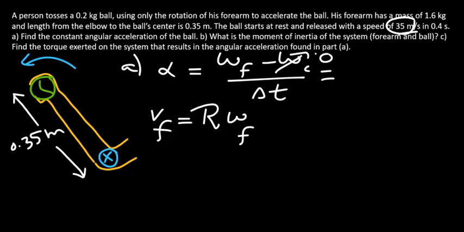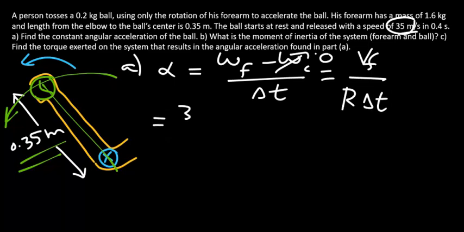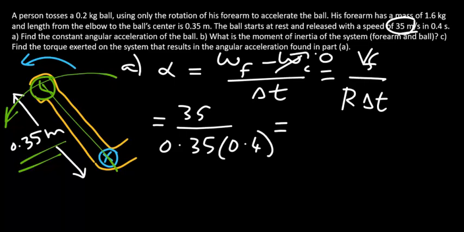The radius of the circular movement in this case is measured from here, so the radius is just the same as the length of that forearm. Delta t is 0.4 seconds. So substituting everything, you get Vf over r times delta t. Vf is 35, r is 0.35, and the time interval is 0.4 seconds. And that's going to give you 250 radians per second squared for the angular acceleration.